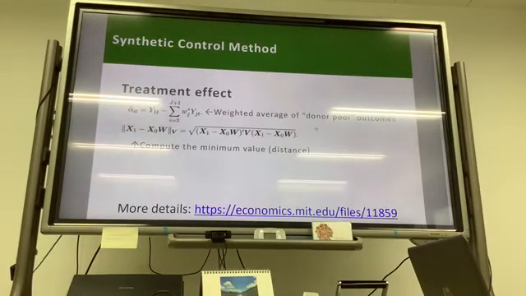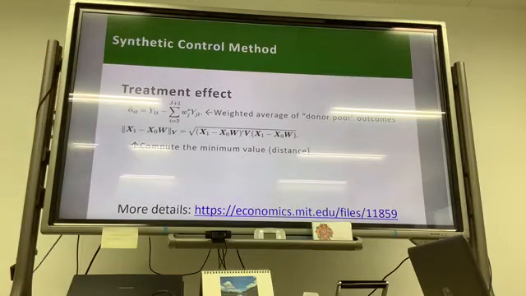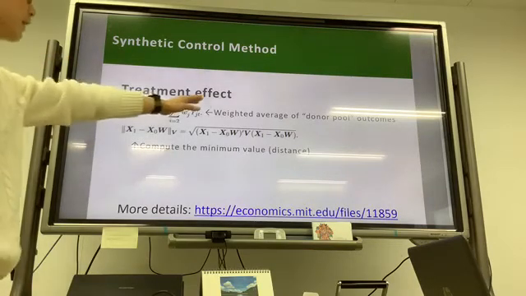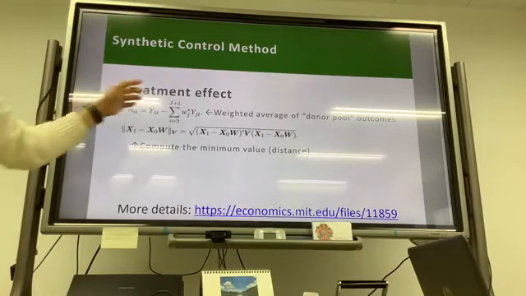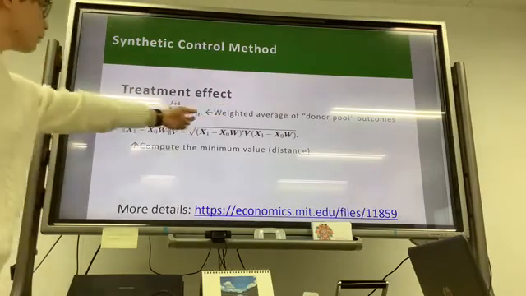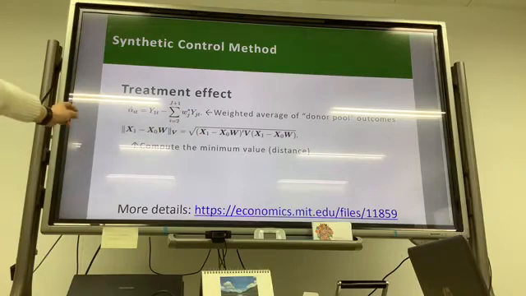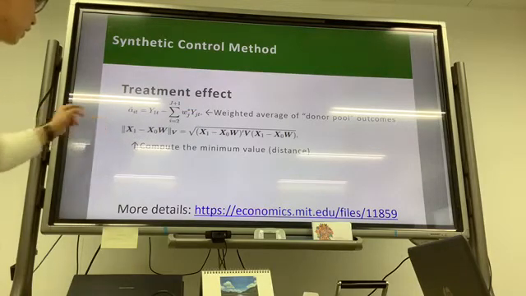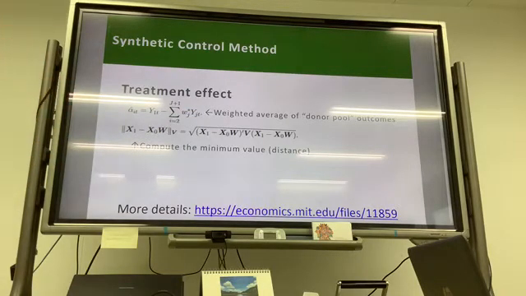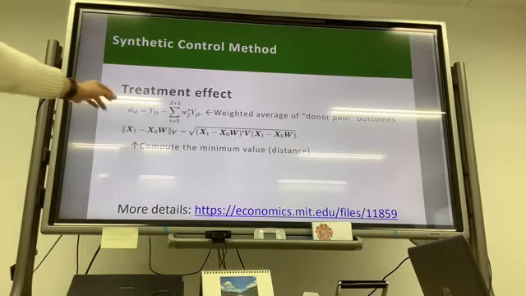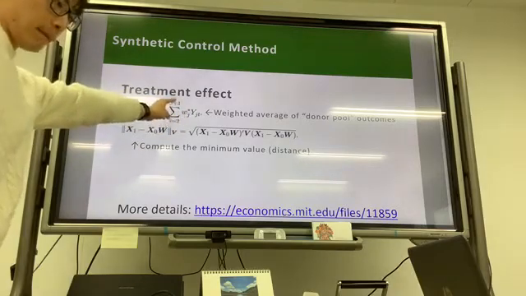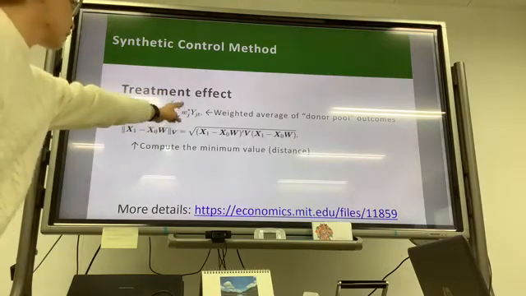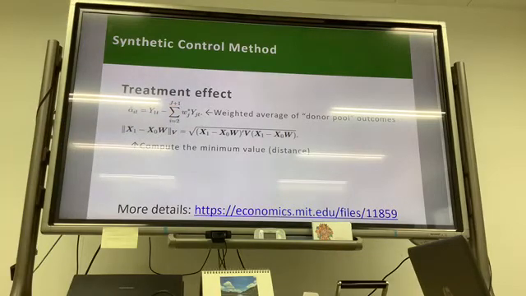And yes, the most important thing is that the treatment effect is calculated by this formula using a weighted average of donor pool outcomes. And the weighted average was calculated using this formula, computing the minimum value, which means distance, to calculate the weighted average.